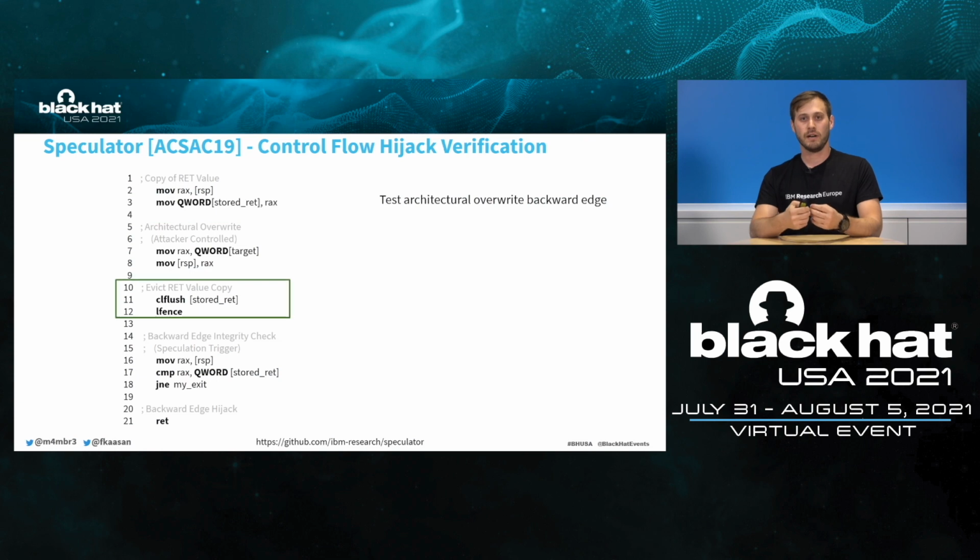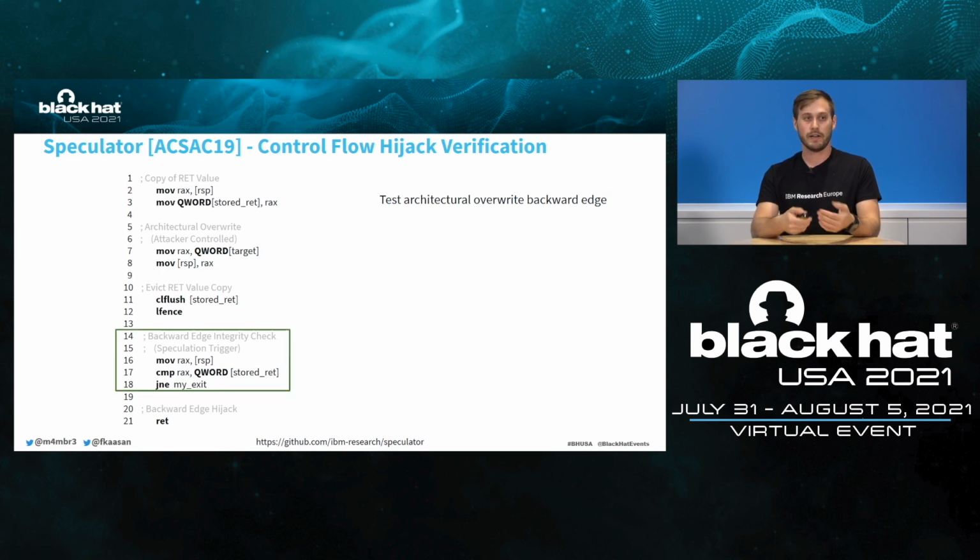Then we use a CLFLUSH instruction to evict the saved return value, so that when we reach this comparison that is going to figure out if the value on the stack and the value saved are actually the same, the CPU will not be ready to execute this instruction until the stored return value comes back from main memory.